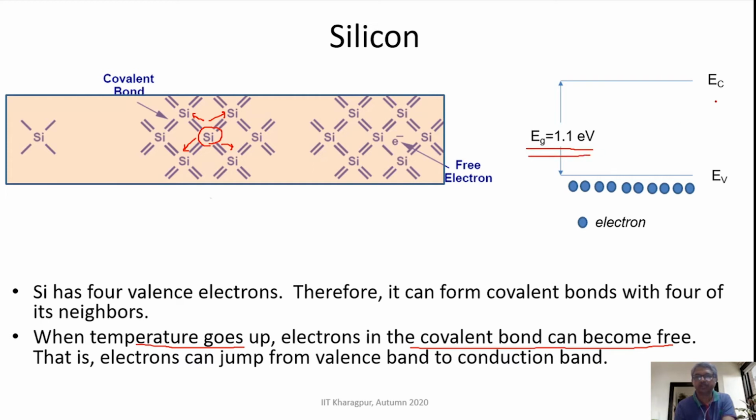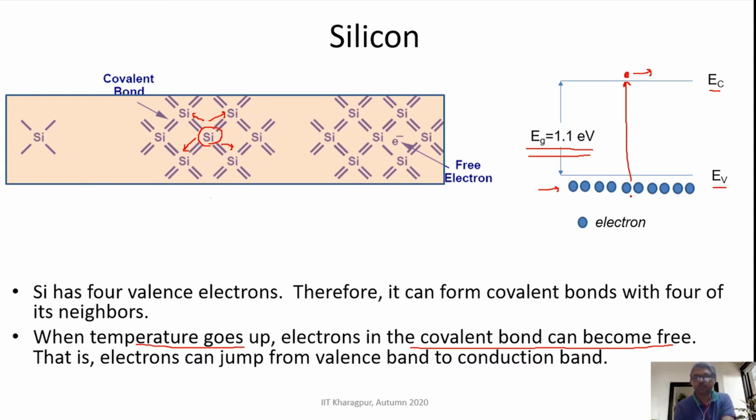That is the energy gap between the conduction band and the valence band. And if the electrons present in the valence band manage to go to the conduction band, then they are free to move in the conduction band.